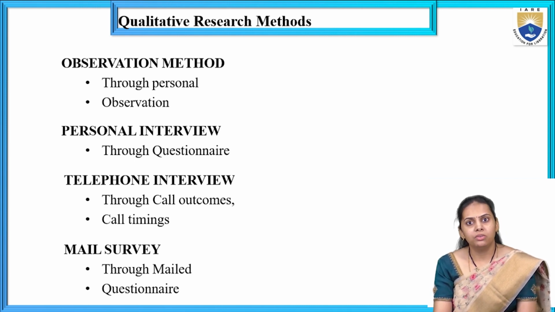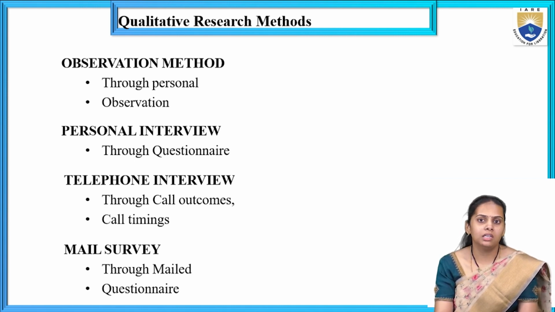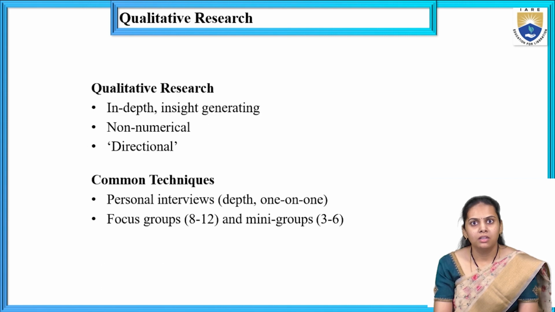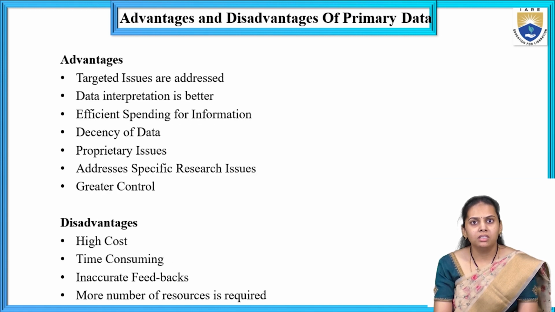And telephone interview is an interview through calls, with call outcomes or call timings. And mail survey is through mailing a questionnaire. Generally nowadays it is more of a digital survey. If we are using some application, they ask for feedback. It's a kind of survey. And qualitative research is completed with these observation methods.